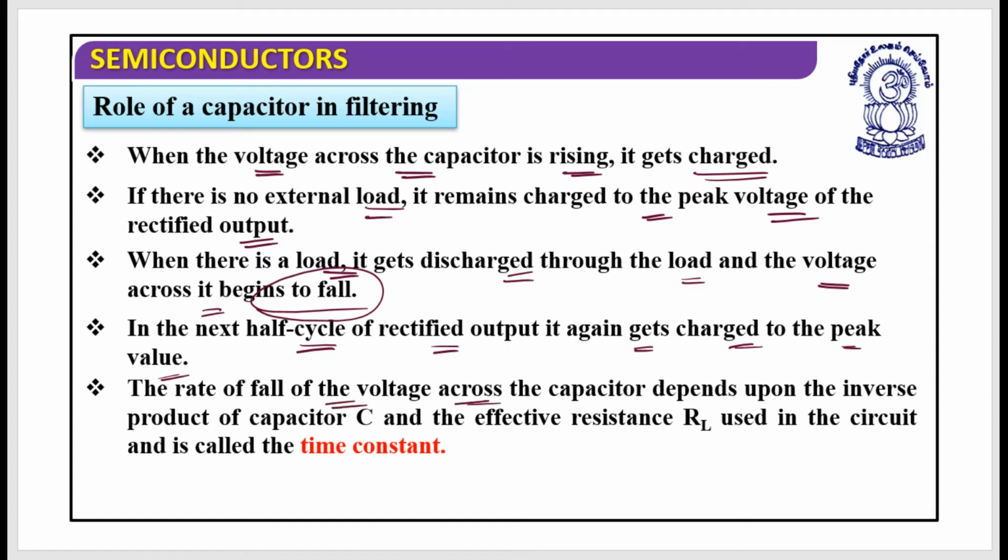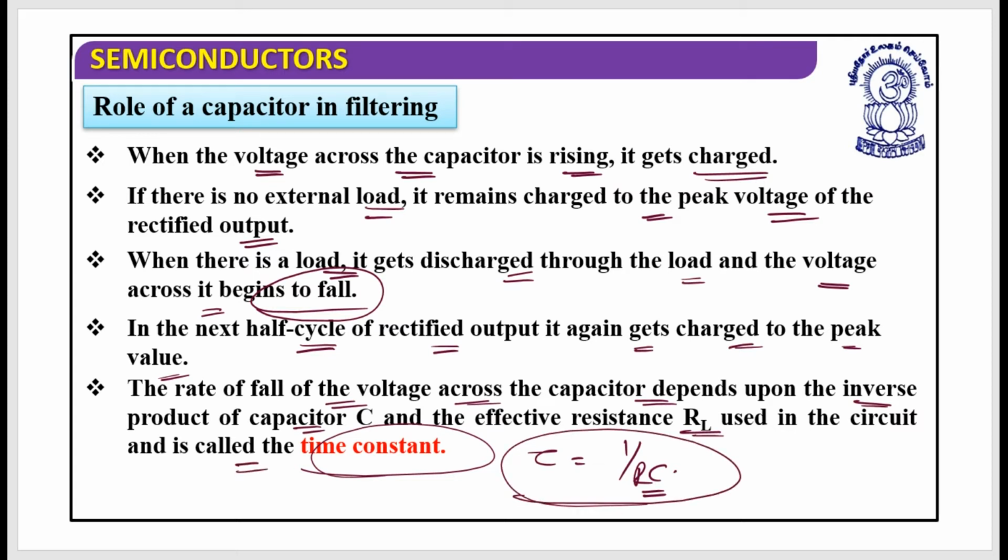The rate of fall of the voltage across the capacitor depends upon the time constant, tau, which we have learned in RC circuits, that is the product of capacitor C and effective resistance RL. That is what we have used in the circuit, and that is what we call the time constant, tau equals RC.